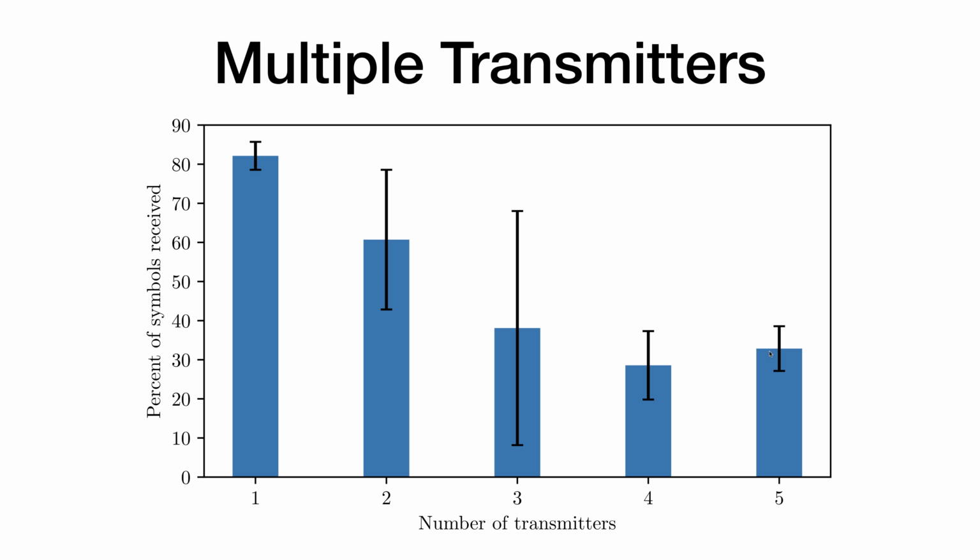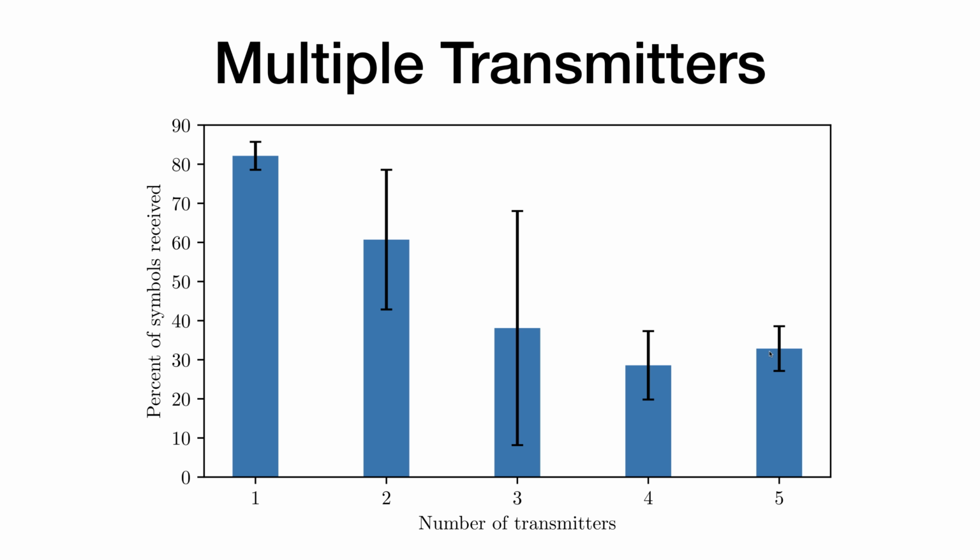And we did have to do some amount of work to get this to work properly. In the paper I mentioned that we used orthogonal codes. So each transmitter is sending out their own code or their own pseudo-random pattern, and these patterns are orthogonal to each other. So that means they shouldn't interfere with each other. It's not quite perfect. It's not quite like CDMA, code division multiple access.